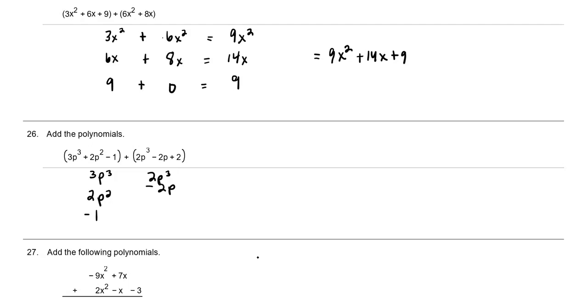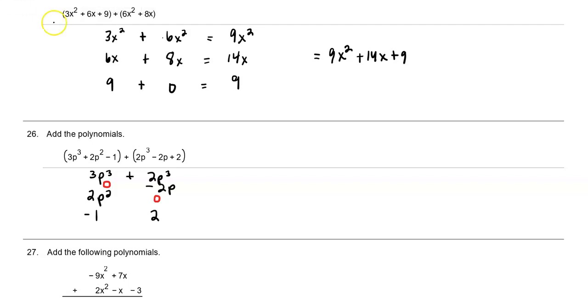And then the positive 2 will line up here with the negative 1. Since I do not have a like term to subtract from with the negative 2p, I'll place a 0 here. And I do not have a like term also for the 2p squared, and I will place a 0 there.